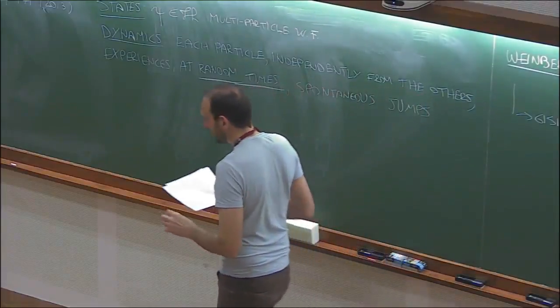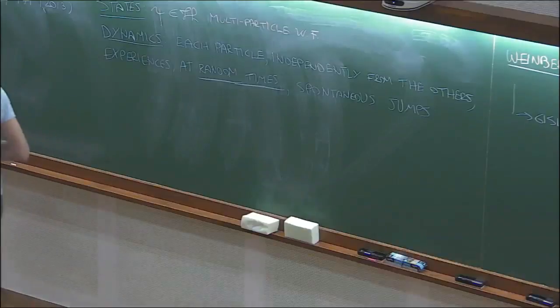The rule of the game is that the dynamics is piecewise. In particular, it assumes that every particle of a physical system, in any situation, not just in measurements, anywhere in the universe, independently from the other particles, experiences at random times spontaneous collapses, spontaneous jumps, which are mathematically described by this.